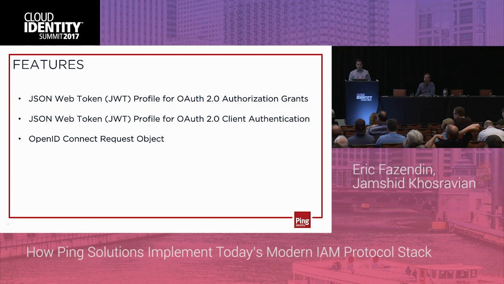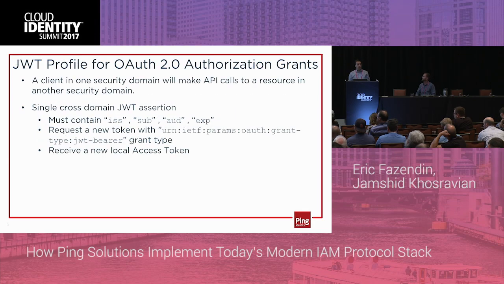We're going to go through the JOT Authorization Grant, JOT OAuth client credentials, and OpenID Connect request objects. Each one of these is part of a spec, and I'll talk a little bit about the details of the spec here and what we've done in PingFederate. So the first thing that we want to start with is the JOT Authorization Grant.